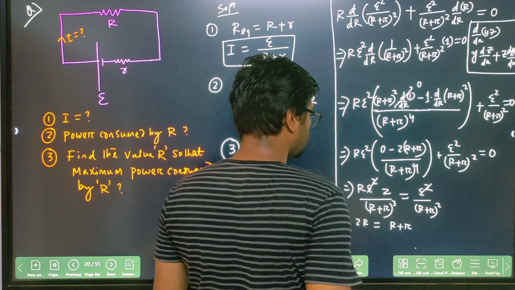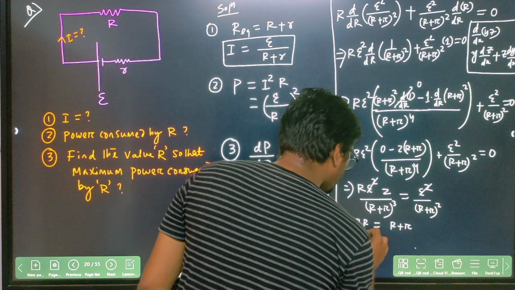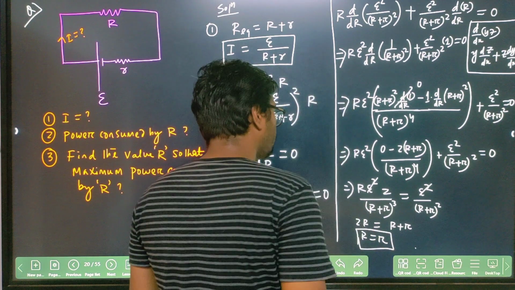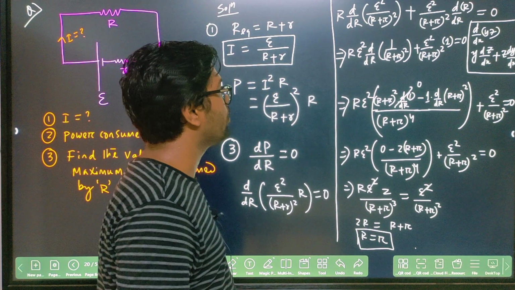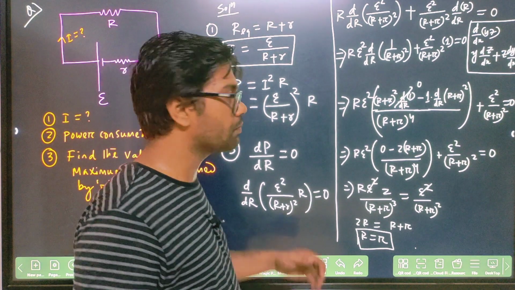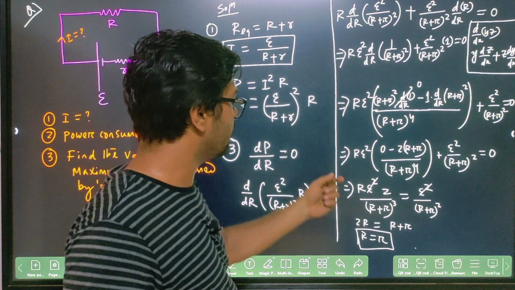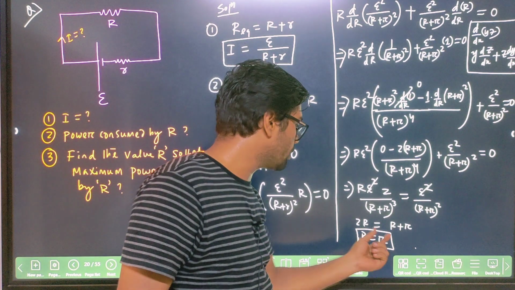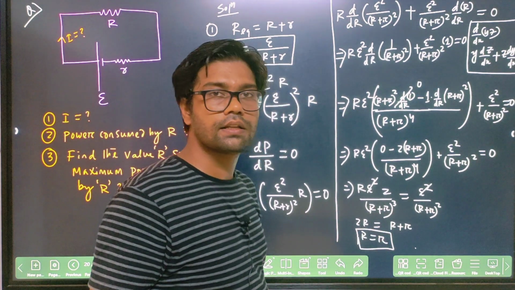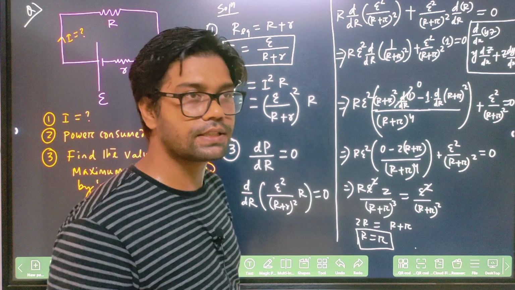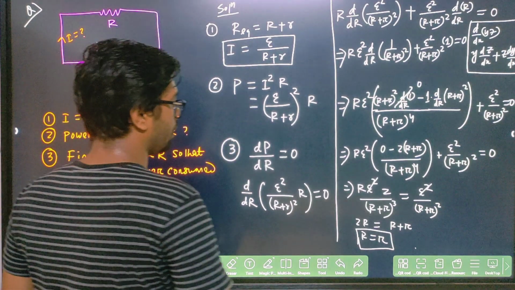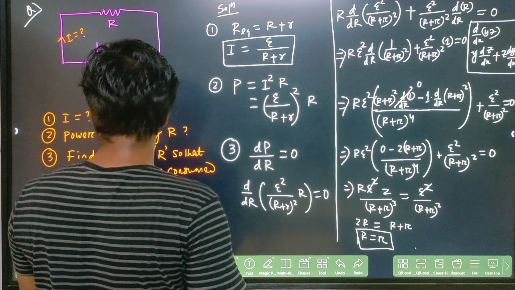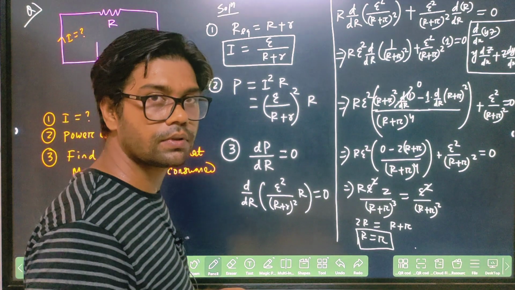I am taking it to that side. So here it will be R equal to small r. So one thing you got here: when the power consumed will be maximum through this resistor R, whenever this capital R resistance is equal to the small r, that is the internal resistance of the cell, then for that condition only the power consumed by this resistor will be maximum, correct?